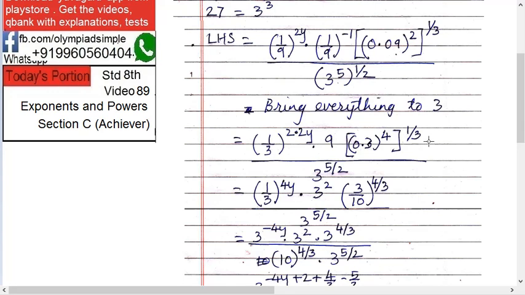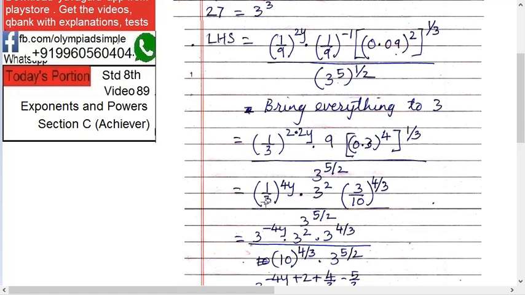The whole raised to 1 by 3, upon your denominator which becomes 3 raised to 5 by 2. Correct? Clear up to this point? Next, 1 upon 3 raised to 4y into 9 becomes 3 square into this 0.3 becomes 3 upon 10 raised to 4 by 3. Okay, in the denominator 3 raised to 5 by 2, same as it is.